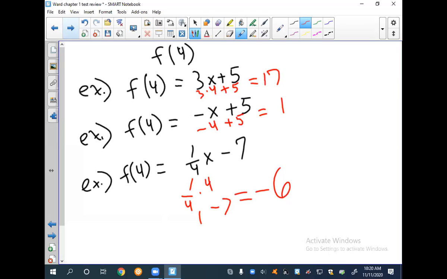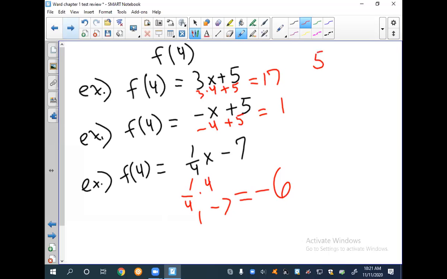Function notation is a new term, but none of that stuff was new or hard or anything you have not done before. At all. Get out your textbook to page 99.